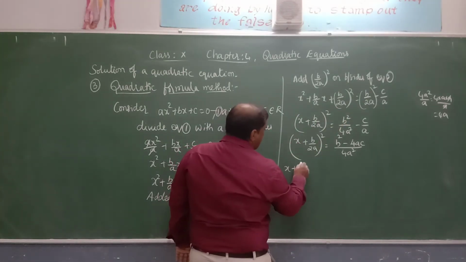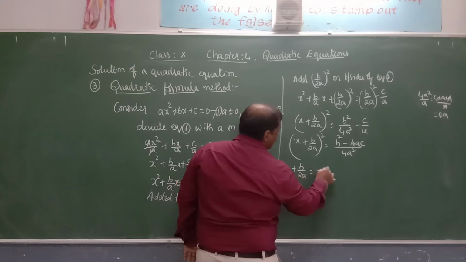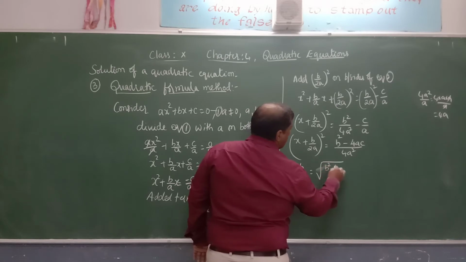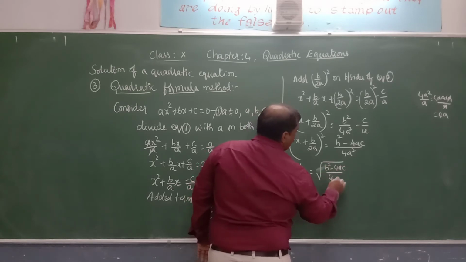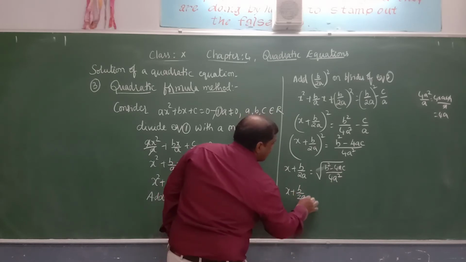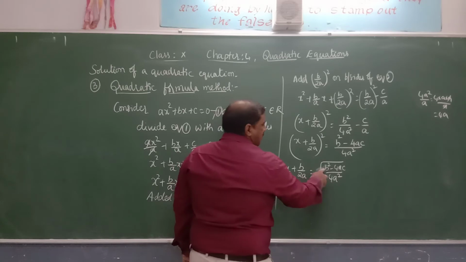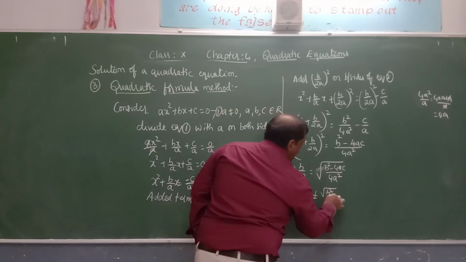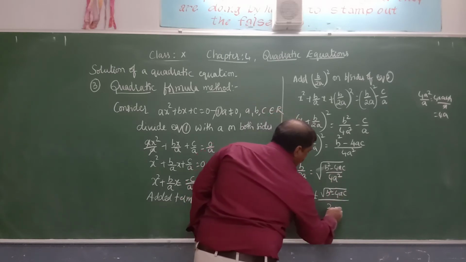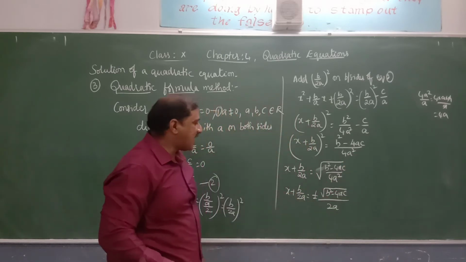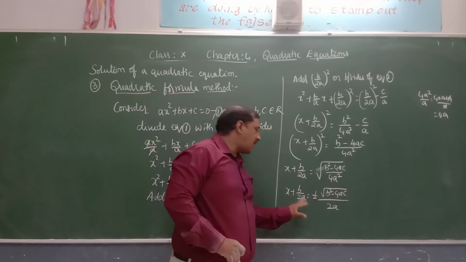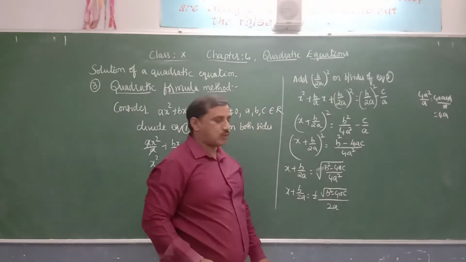Therefore, x plus b by 2a is equal to plus or minus the square root of b square minus 4ac by the square root of 4a square, which is 2a. So here we are getting two values: plus square root of b square minus 4ac by 2a, and minus square root of b square minus 4ac divided by 2a.